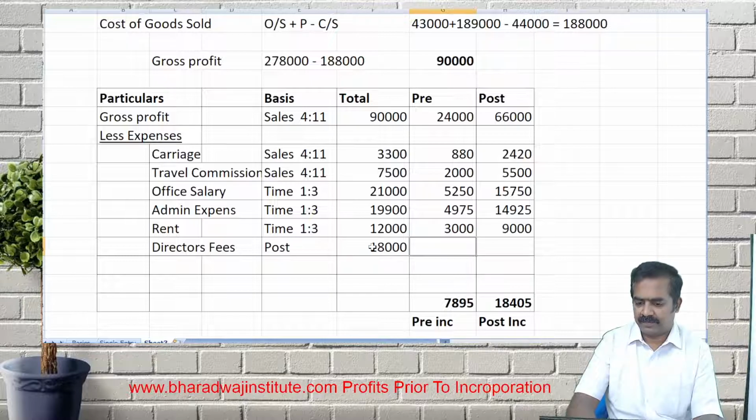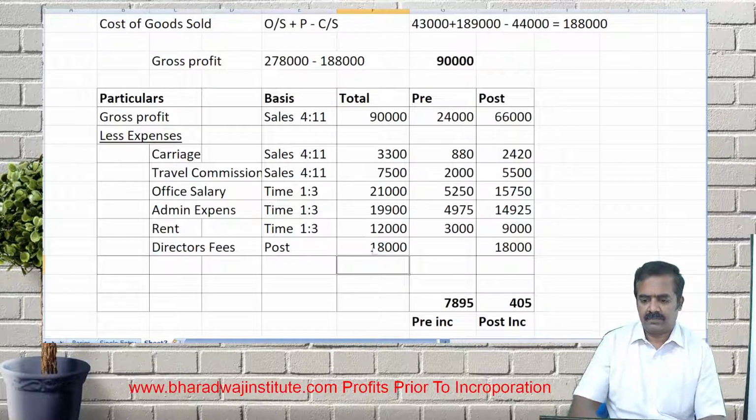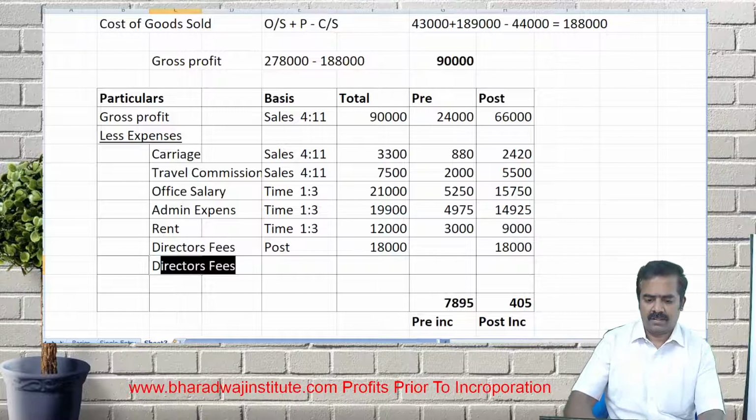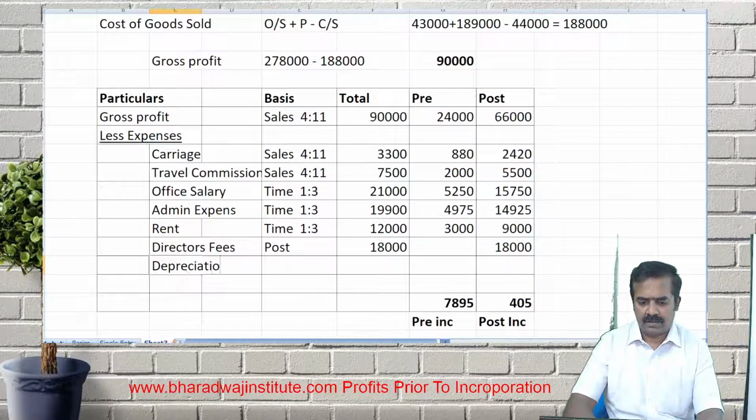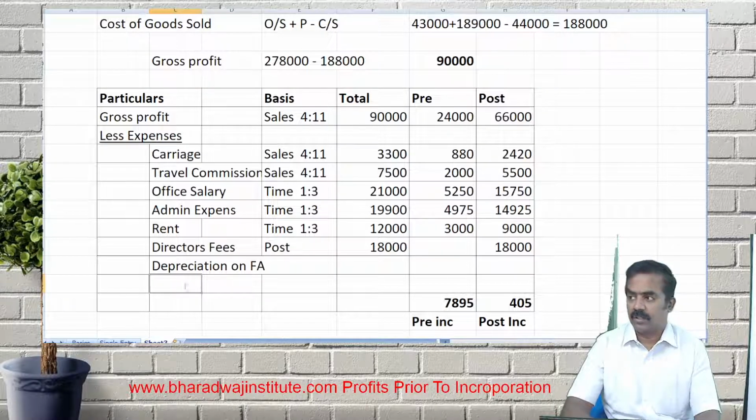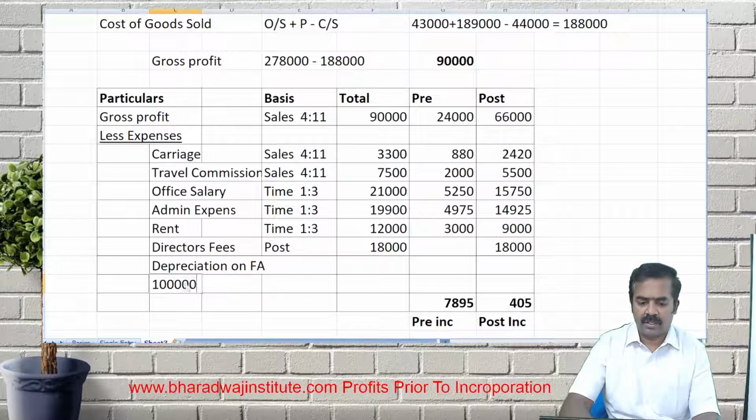Depreciation on fixed assets. How much is there? Look at the fixed assets. 1 lakh at what percentage? 25%. 25%, time ratio.